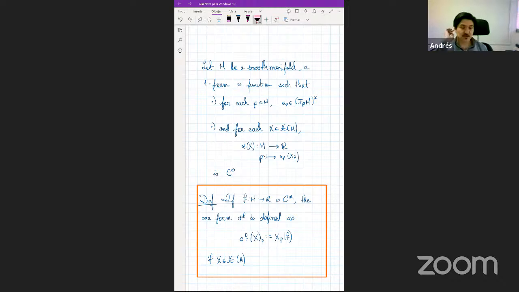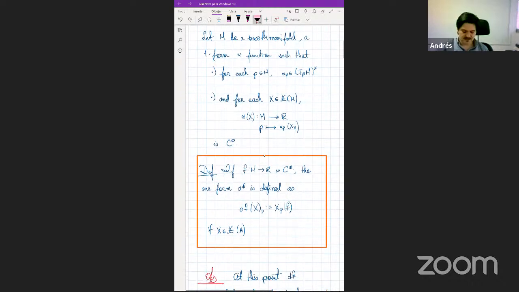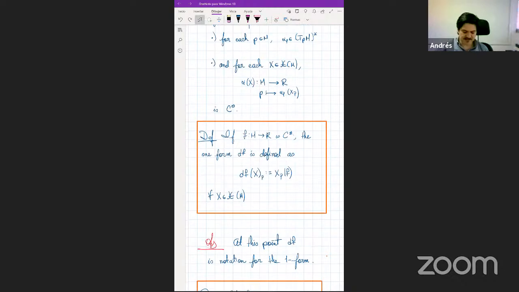Now, let's recall what we know from Euclidean space, and that will give us a local description of one forms. This observation is exactly what I said before.